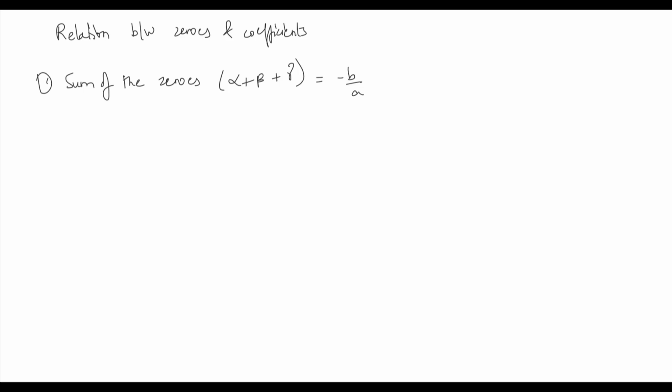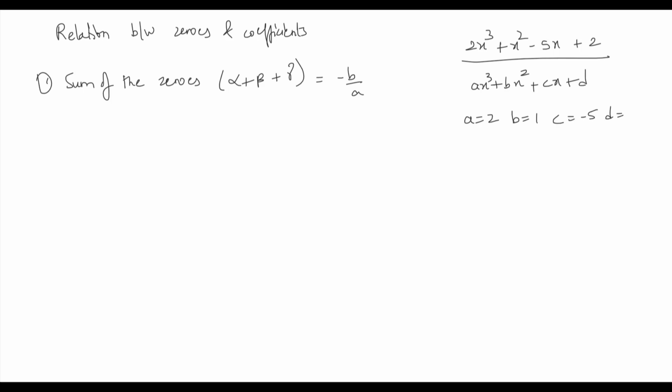Here b is the coefficient of the x square term and a is the coefficient of the x cube term. So from the polynomial 2x cube plus x square minus 5x plus 2, compare it with ax cube plus bx square plus cx plus d. Therefore we get a equals 2, b as 1, c as minus 5 and d as 2.